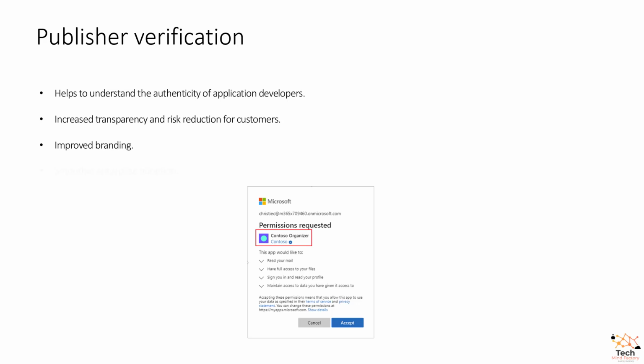It provides improved branding and smoother enterprise adoption. So if we are an ISV, for instance, an independent software vendor, and we provide applications secured by Azure Active Directory, it's good to use publisher verification because then users feel more comfortable accessing those applications, because they know that this specific organization and tenant was verified with Microsoft.